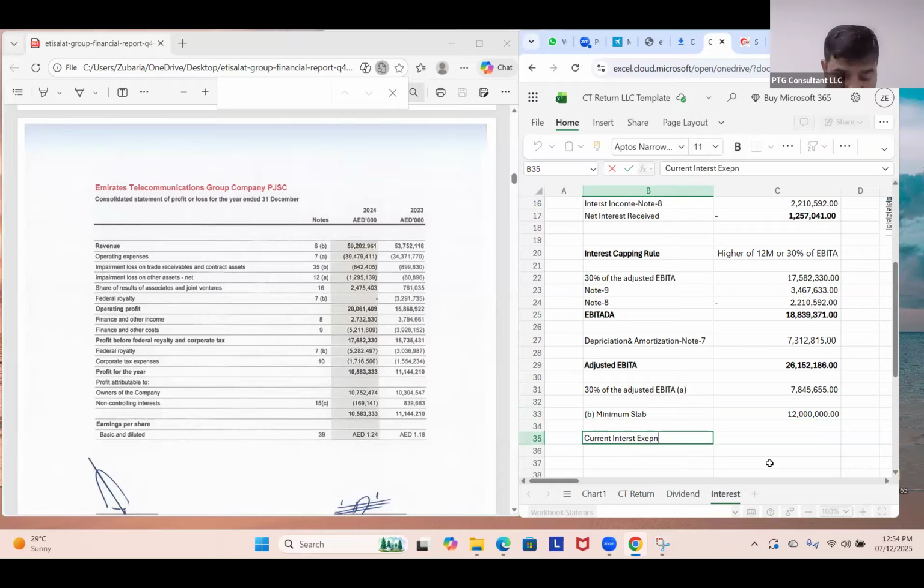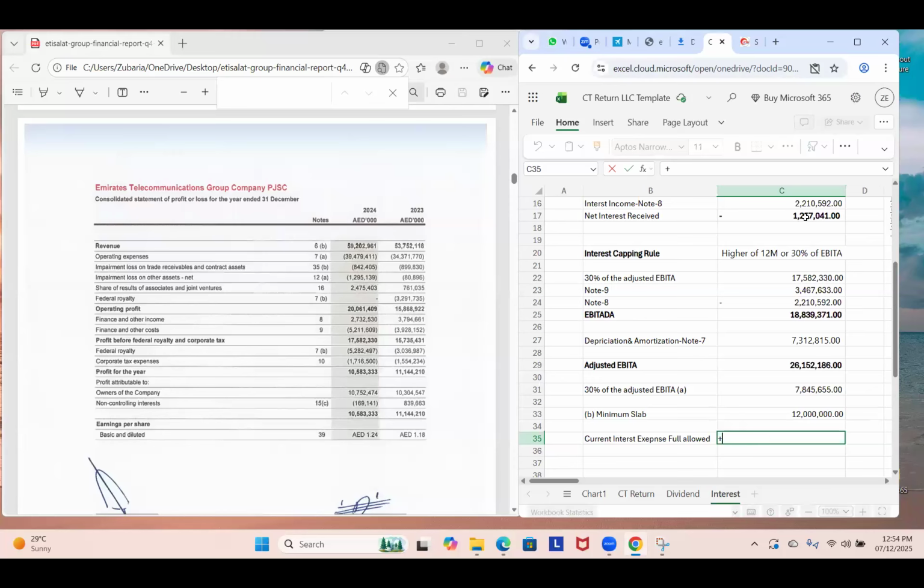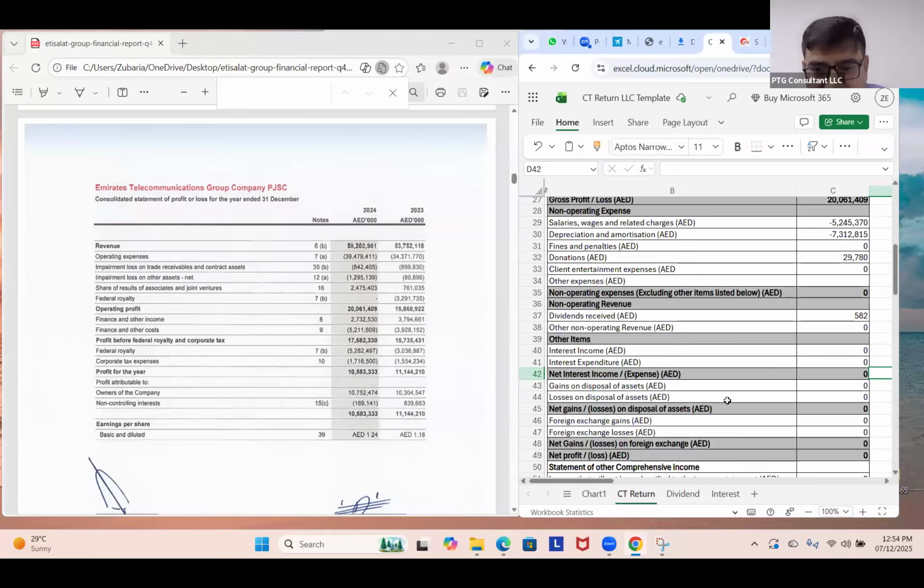So now go back and fill these figures. Current expense fully allowed. Now go back to the tax return Excel.